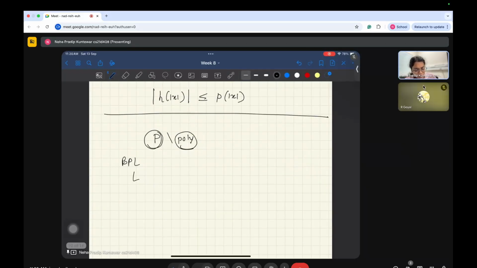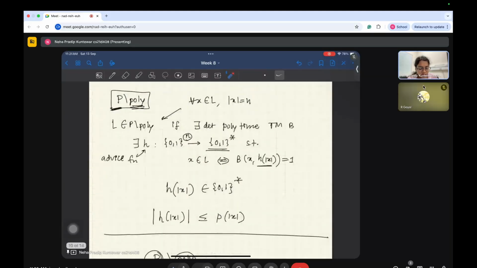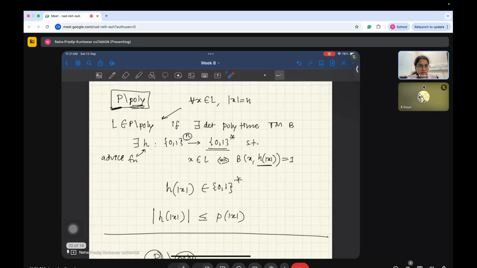I could allow it to be a constant size, maybe just two, or maybe log n to the log n or something like this. So basically there is an infinite set of possibilities here, where instead of P you can think of some other complexity class, and instead of poly you can think of some other length for the advice string, and you will get a new class.